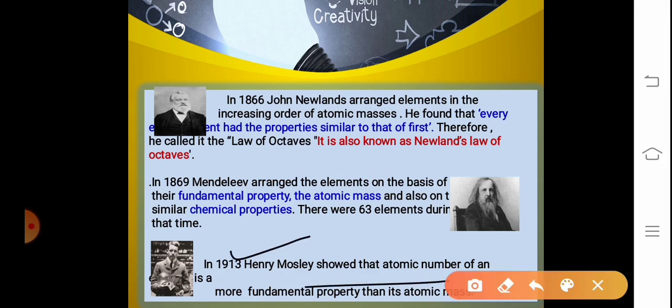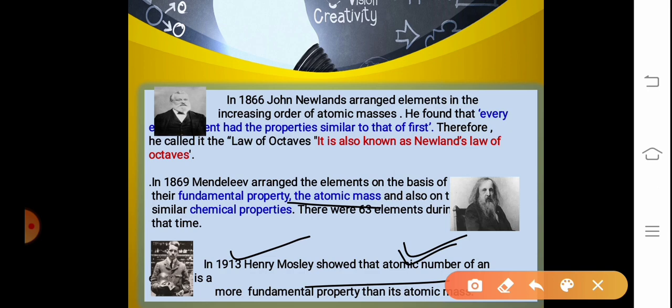He showed that instead of arranging the elements in the increasing order of their atomic mass, we can arrange the elements on the basis of atomic number. As I told you, Mendeleev arranged on the basis of atomic mass. Henry Moseley said that instead of atomic mass, we can arrange on the basis of atomic number, because atomic number was the best way to arrange the elements.